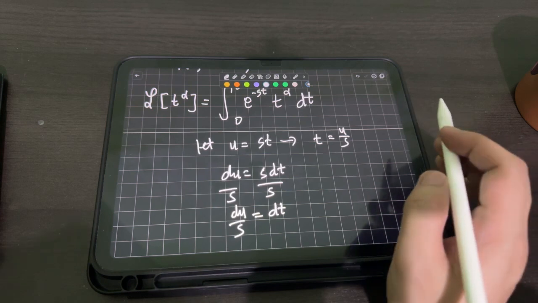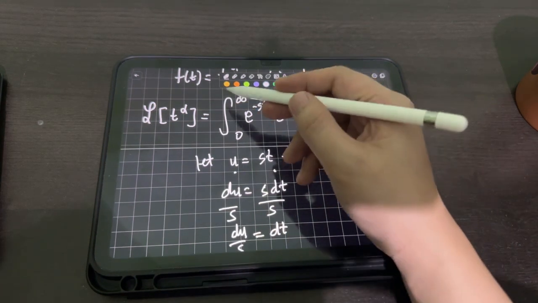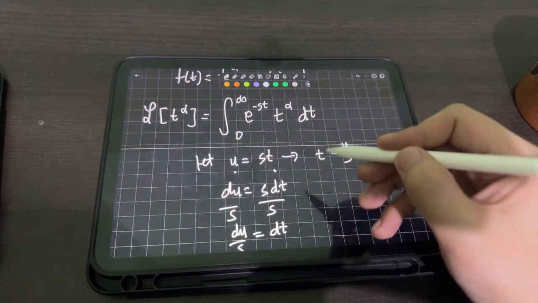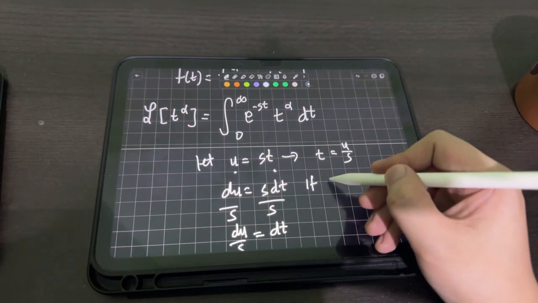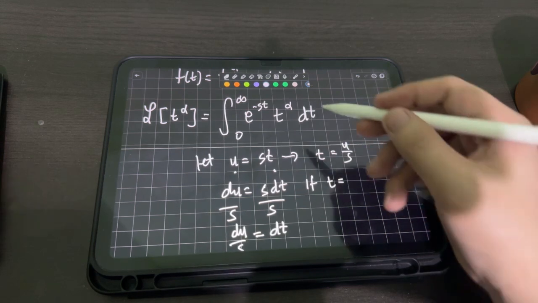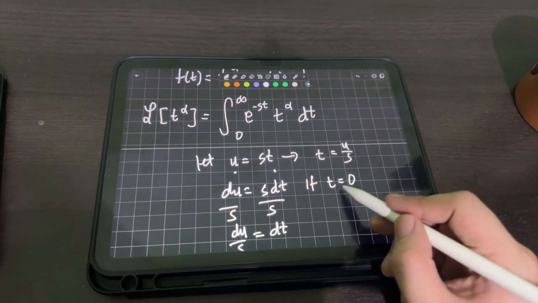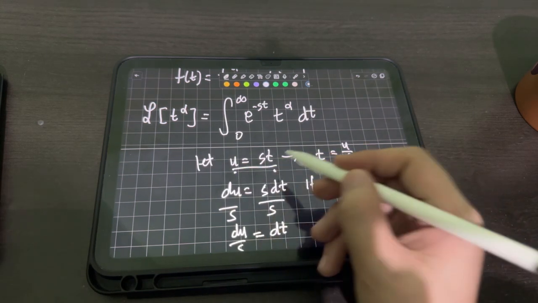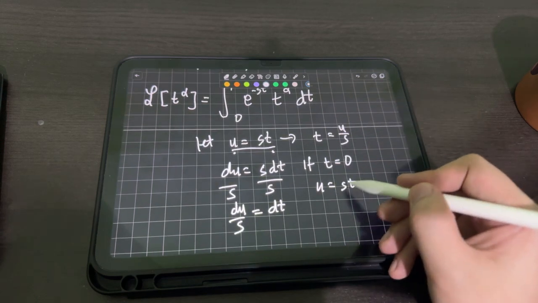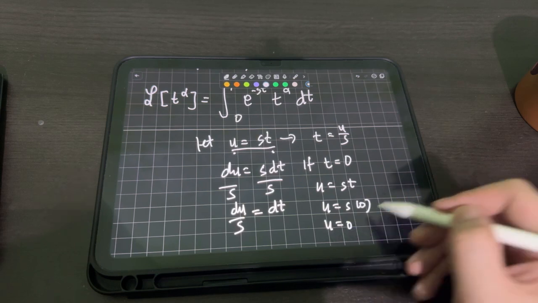Okay. So, since we're using u substitution, we also should get the new lower and upper limits in terms of u. If the original lower limit value in variable t is 0, we substitute this value of t in the substitution u is equal to st. We will have u is equal to s times t, which is 0. u is also 0.